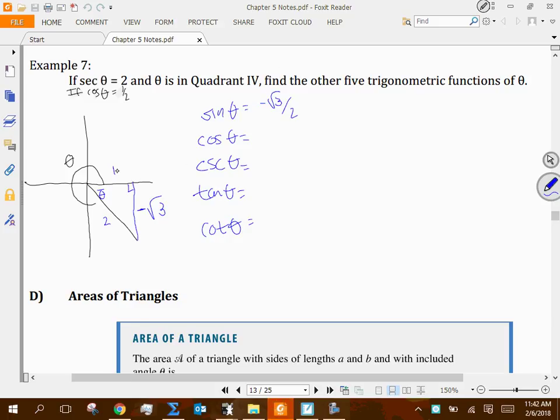Cosine is adjacent over hypotenuse, 1/2. Cosecant, remember, is the reciprocal of sine, so it's negative 2 over root 3, which ends up being negative 2 root 3 over 3. Tangent is opposite over adjacent, so it becomes negative root 3. Cotangent is the reciprocal, so negative 1 over root 3, which equates to negative root 3 over 3. And that's how we come up with the 5 other trig ratios.